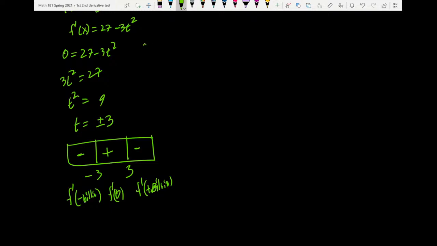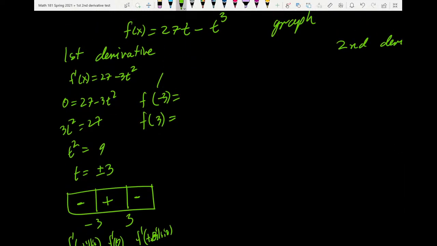Now let's figure out what f prime of negative 3 and f prime of 3 are. What's the y value for that? You gotta plug it into the original function, guys. If you put it in the first derivative, you're gonna get 0.